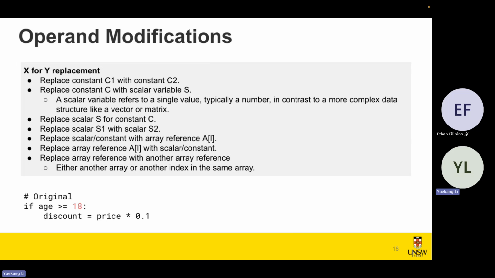If the original program is these two lines of Python code, we can replace this 18 with another constant value. Of course, we can also replace this 18 with other variables, not just constant values. So this is X for Y replacement.